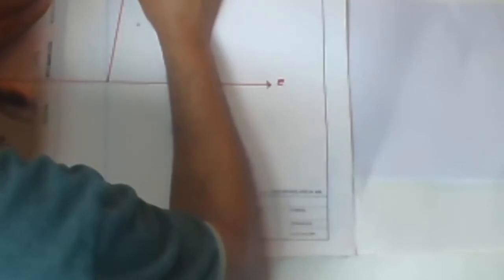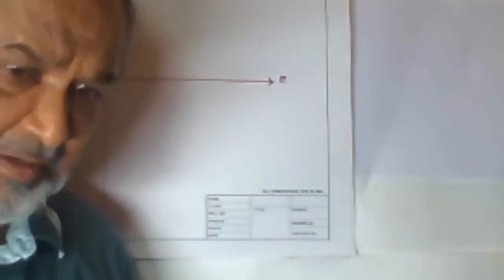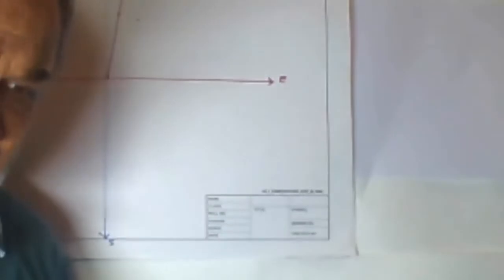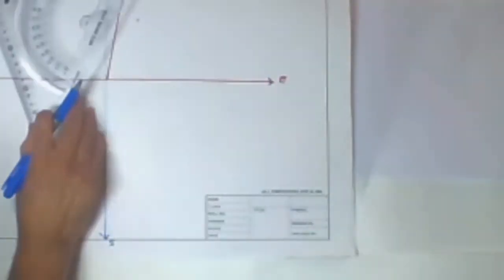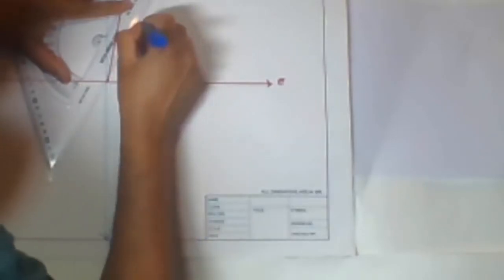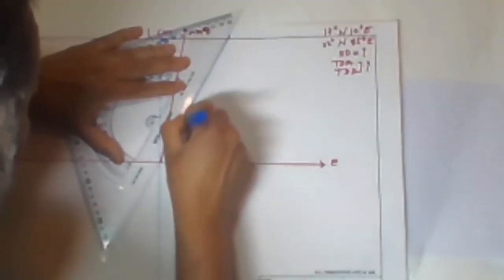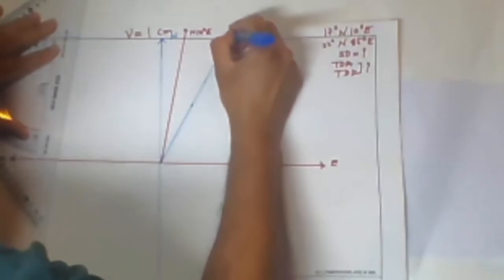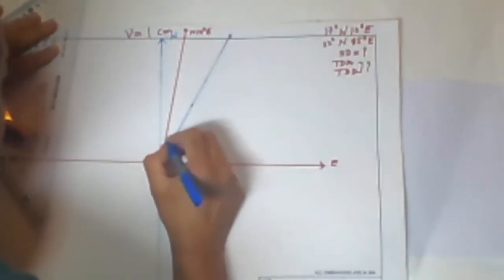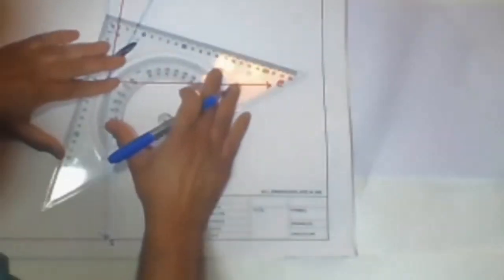This is the north 10 degree east line, and from there we have taken the 17 degrees. I choose another pen so that we will have a correct idea. This is your 17 degrees.